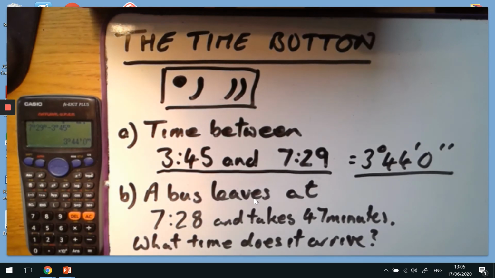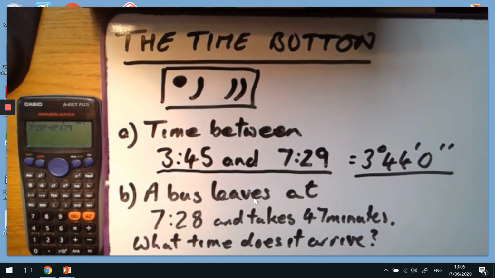What I want to do this time is 7, time button, 28, time button. So that's my 7:28, not 7.28, because it's not a decimal. This is 28 minutes. And I'm going to add 47 minutes. You've got to put the hours first, so I'm going to put 0 hours, press the time button, 47 minutes, press the time button.